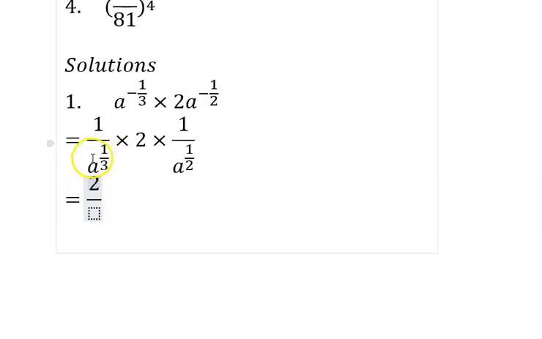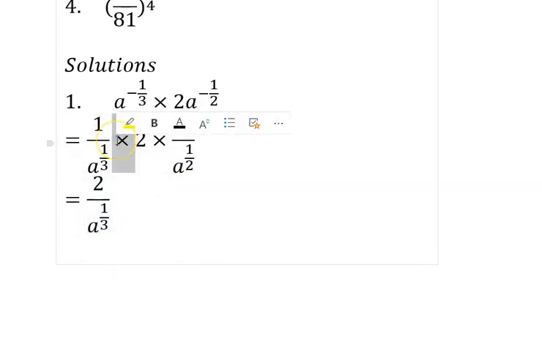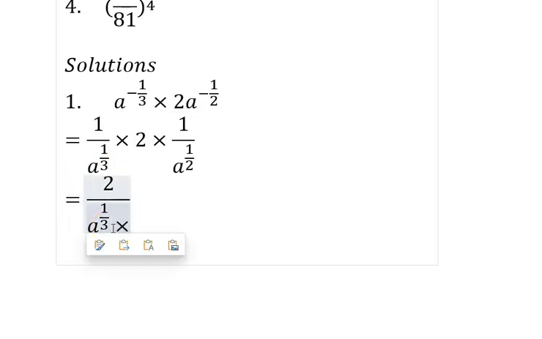Now, what we have here is a raised to power 1 over 3 times a raised to power 1 over 2.